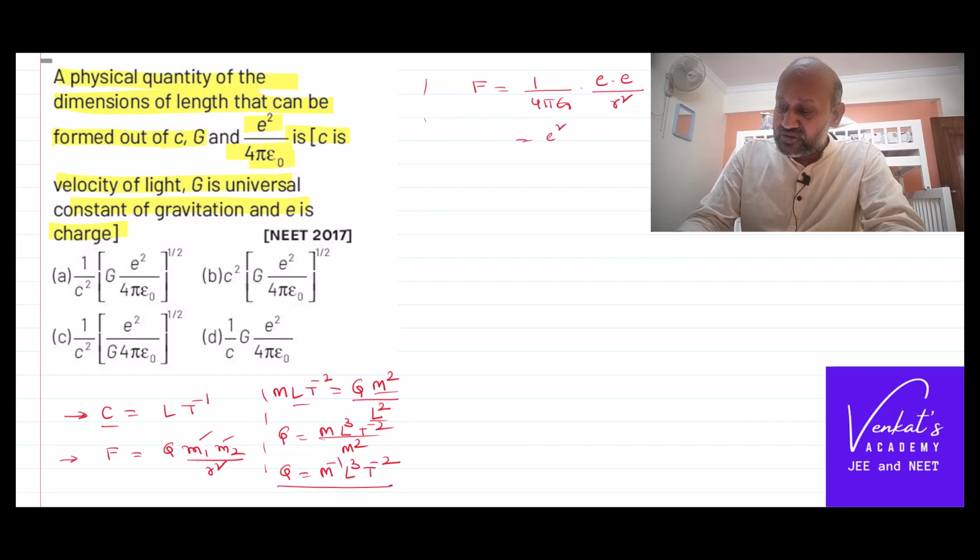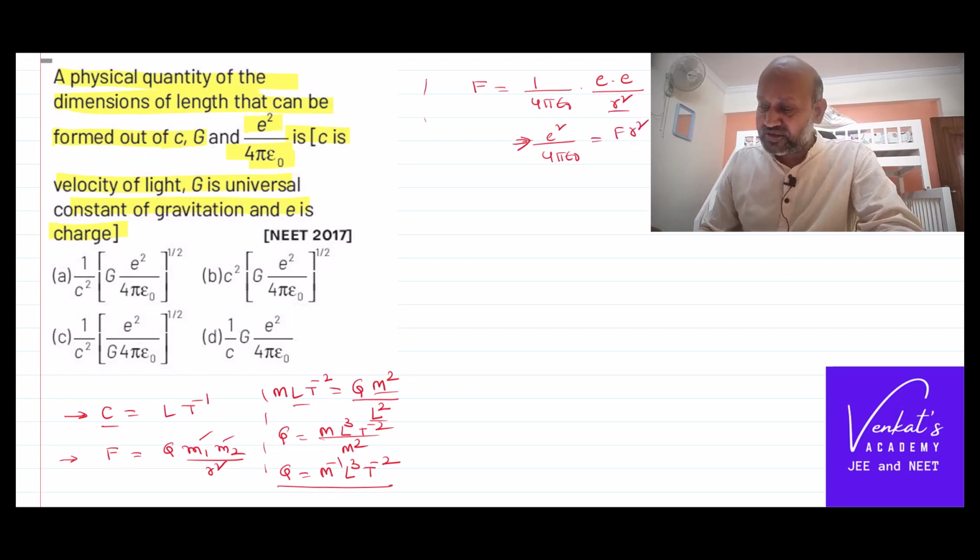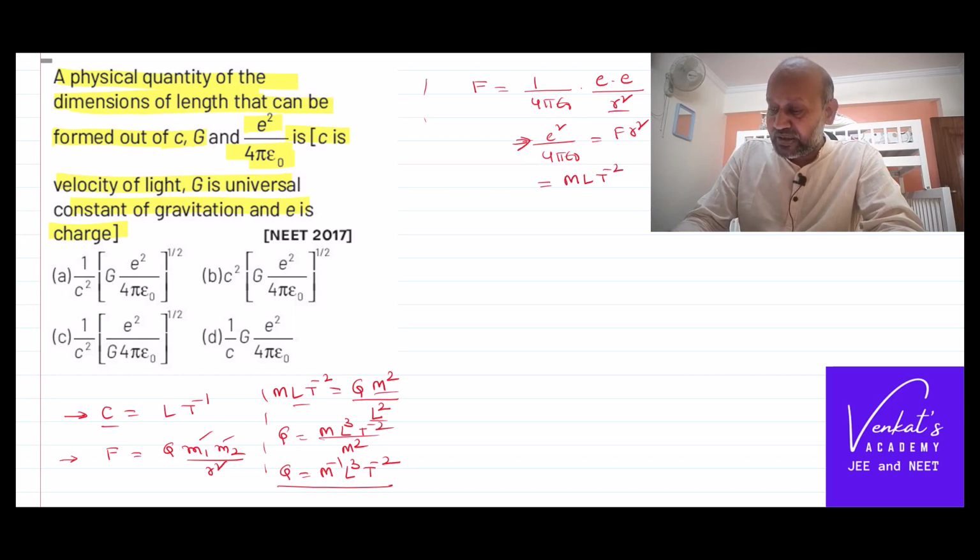So, e square by 4 pi epsilon naught will become automatically F into r square. Take this r square to that side. I need to know the dimensions of that F into r square. F is ma, that is M L t power minus 2, r is length, L square. So, dimensions of e square by 4 pi epsilon naught is M L cube, t power minus 2.